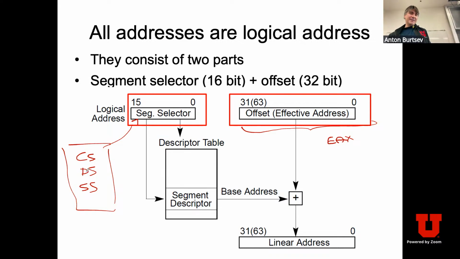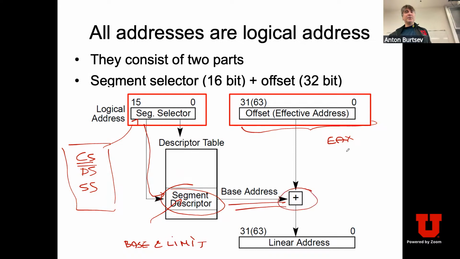Literally these segment selector registers work as indices into the global descriptor table. And from there, you read the base and limit. The base is just added to the effective address, and the limit is checked to make sure that you're not going beyond the limit. And this produces a linear address.